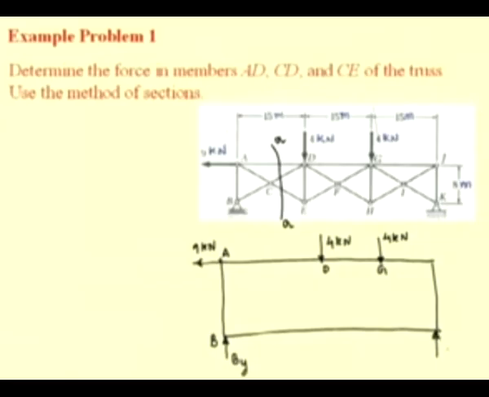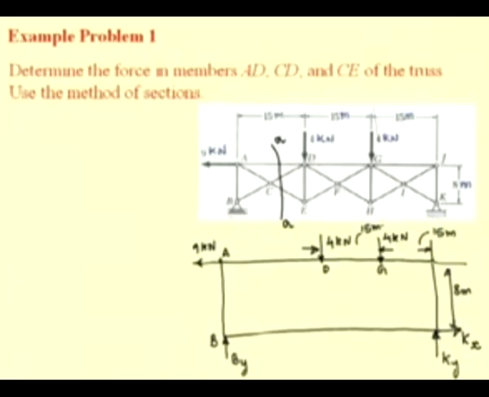The pin connection at K is replaced by 2 components of reaction, Kx and Ky. The various dimensions are needed to compute the moments, like this is 15 meters and this is again 15 meters and so forth.